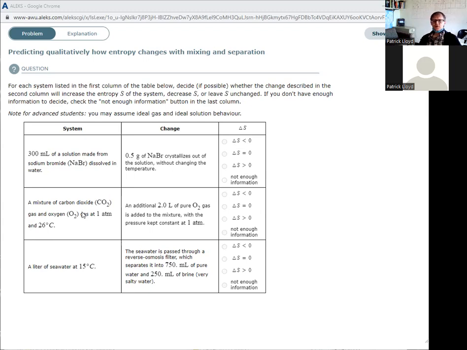A mixture of carbon dioxide, CO2 gas, and oxygen, O2 gas, at 1 atmosphere and 26 degrees C. We're going to have an additional 2 liters of pure O2 gas added to the mixture with the pressure kept constant at 1 atmosphere. So notice, what are we doing? We're adding more material. We're mixing things together, right?